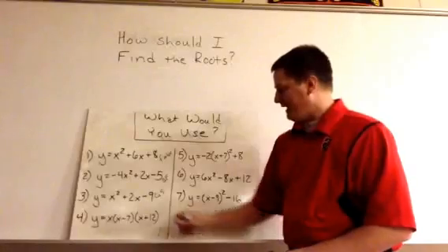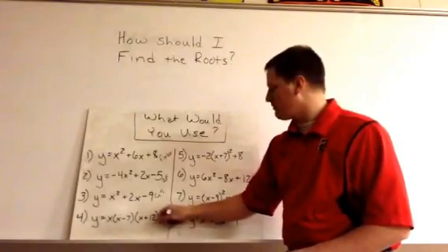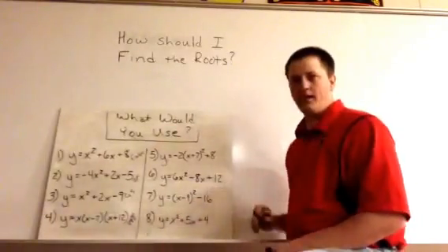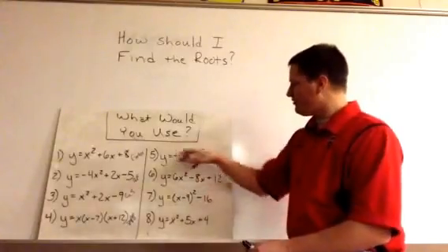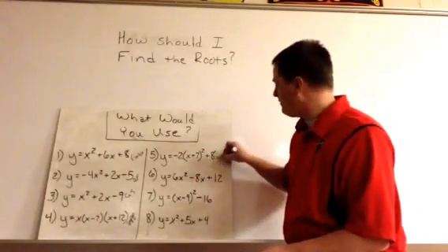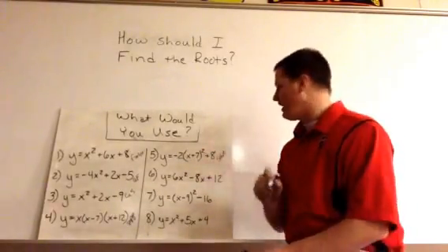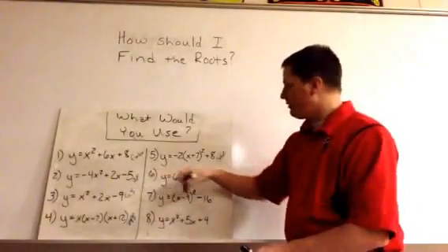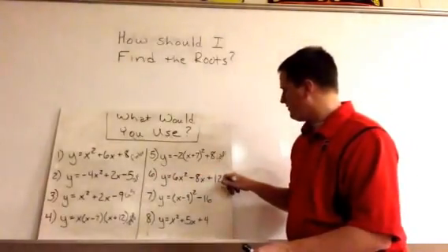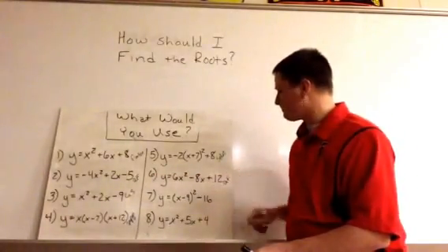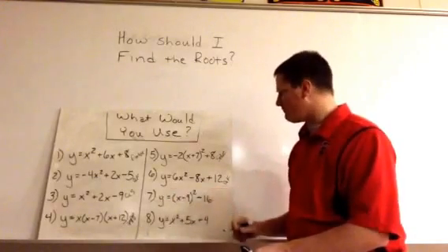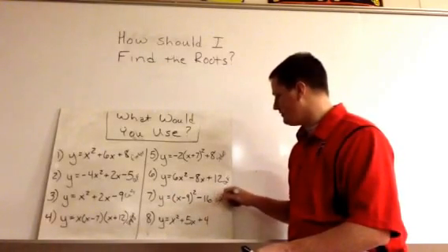This one's already factored. I'd use zero product property. For number 5 here, this one's already in vertex form, so I would just solve it. I'd put 0 in for y and solve. This one, a value of 6, I would use the quadratic formula. And this one, already in vertex form, I would just solve.